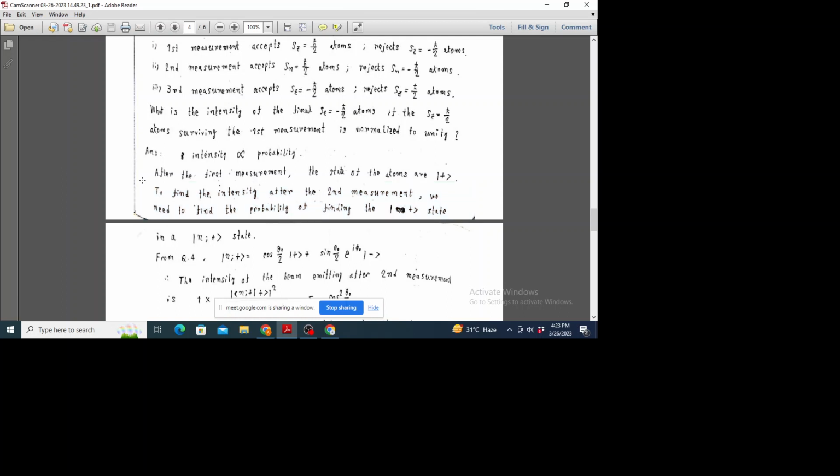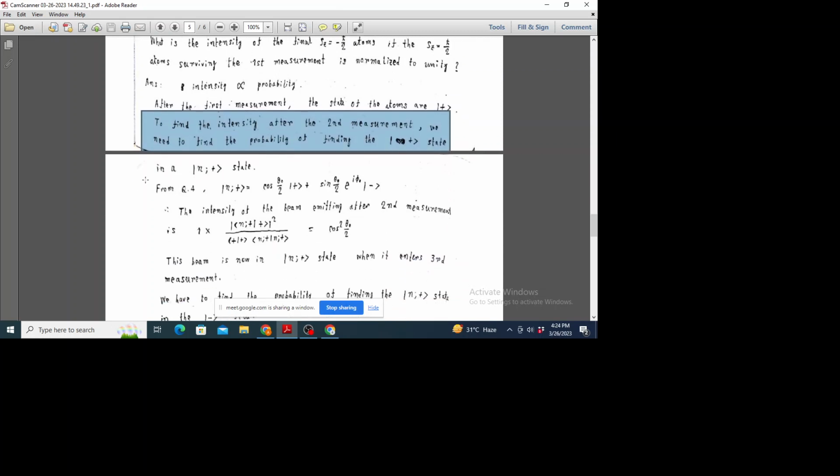So to find the intensity after the second measurement, we need to find the probability of finding this plus state in this n plus state.